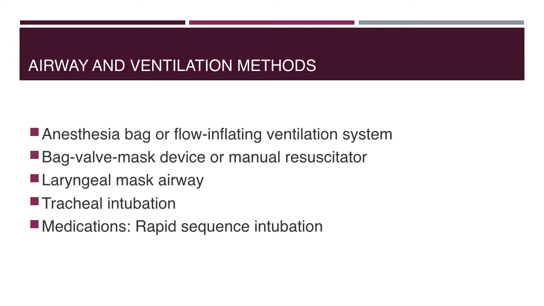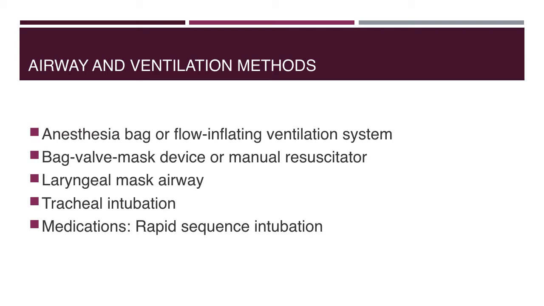Tracheal intubation is when we actually insert an endotracheal tube into the trachea, allowing the child or adult to be artificially ventilated. One of the things that we have to think about is rapid sequence intubation medications, and these are medications like atropine that will dry the secretions and prevent bradycardia from the vagal stimulation. It usually is given prior to the placement of the endotracheal tube.